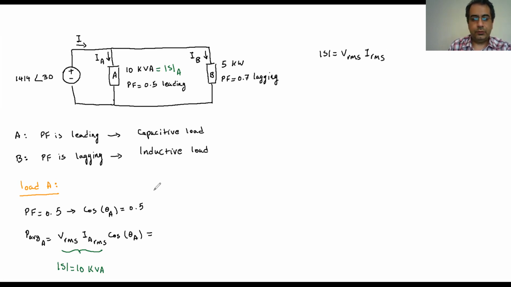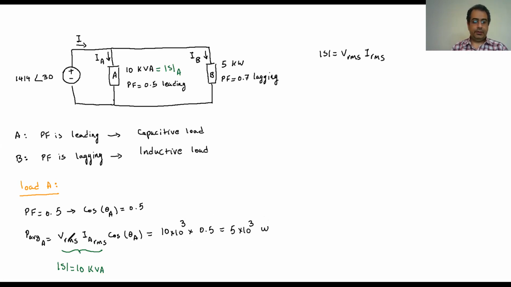We substitute this part with 10 times 10 to the power of 3, and then cosine theta is 0.5. Doing the calculation, it's going to be 5 times 10 to the 3 watts.